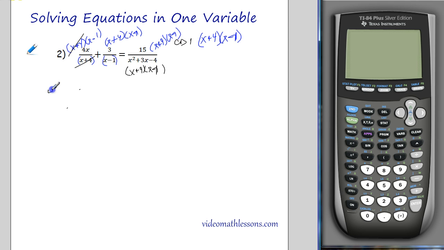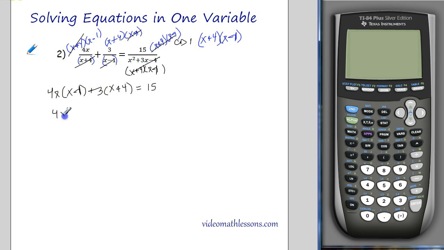So now I get 4x times x minus 1 plus 3 times x plus 4, and both these cancel, so it equals 15. Now, what we have to do is, sorry, it's a little sloppy, but distribute, clean this up.